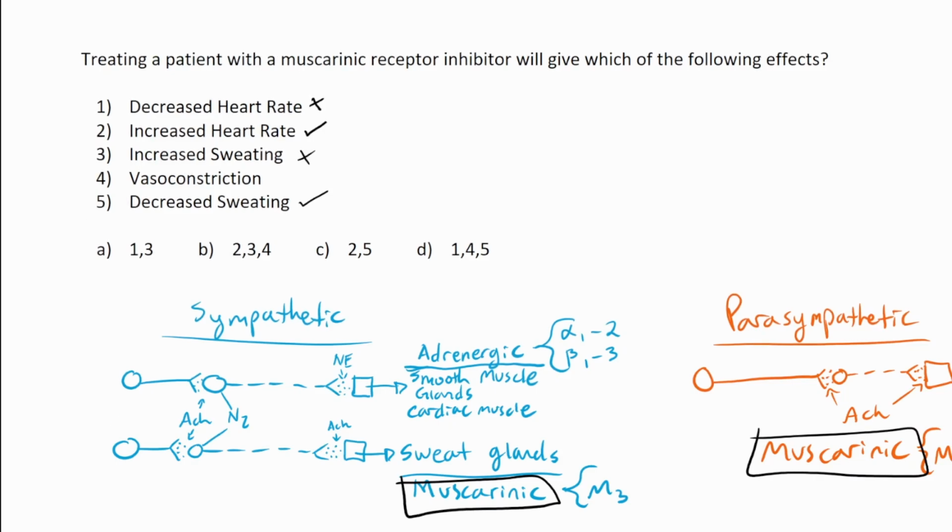With vasoconstriction, the sympathetic system innervates our blood vessels with adrenergic receptors, and our parasympathetic does not innervate blood vessels. So we're not going to end up with vasoconstriction. So the correct answer is C, 2 and 5.